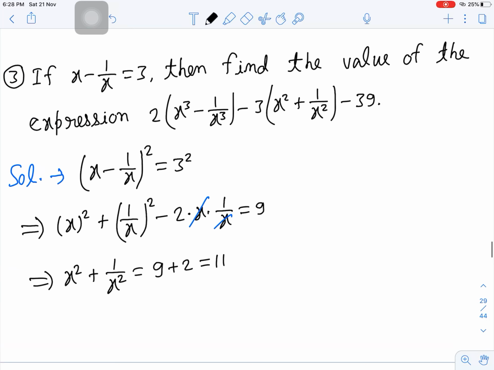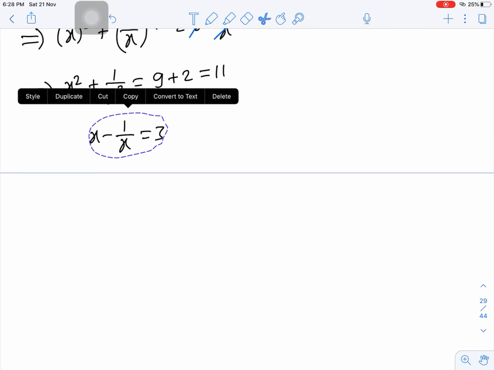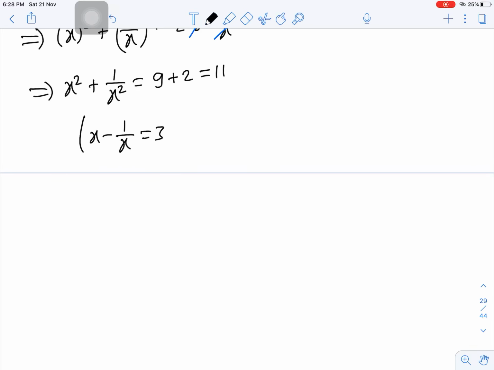Okay, next, if you want to find x cube minus 1 by x cube, then you have to do the whole cube on both the sides. So if you do the whole cube on both the sides, you will get a cube, which is x cube, minus b cube, which is 1 by x whole cube, then minus 3ab, so minus 3 into x into 1 by x.